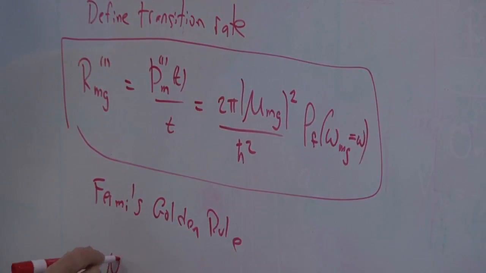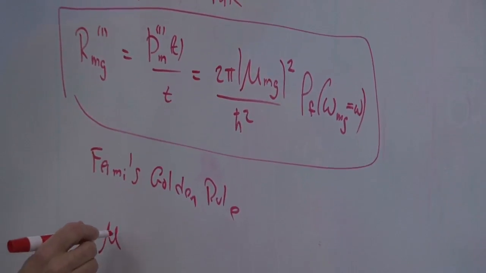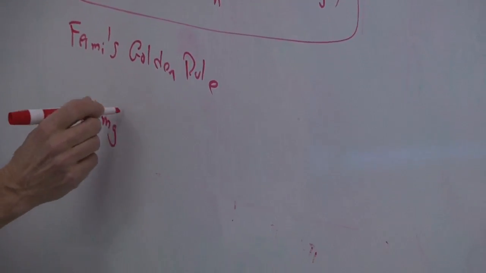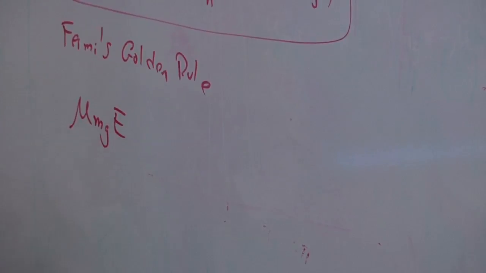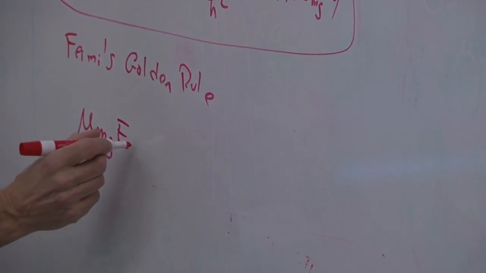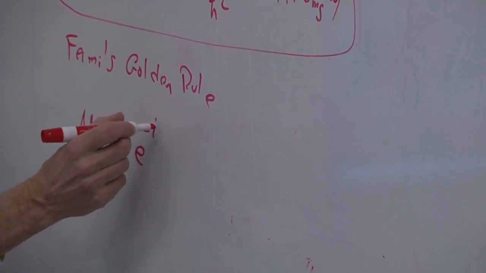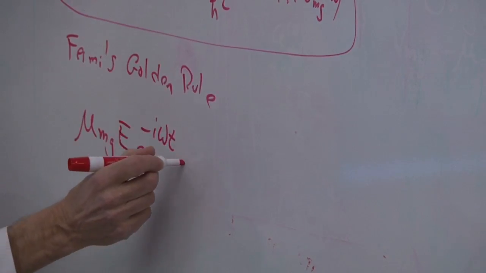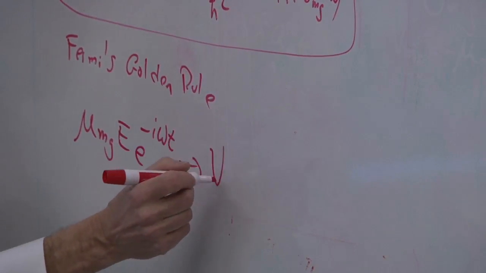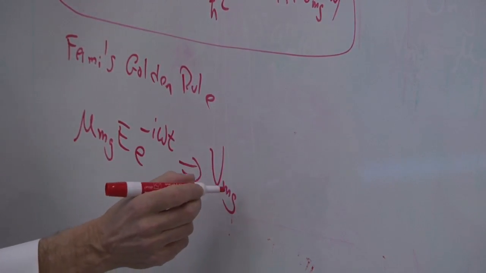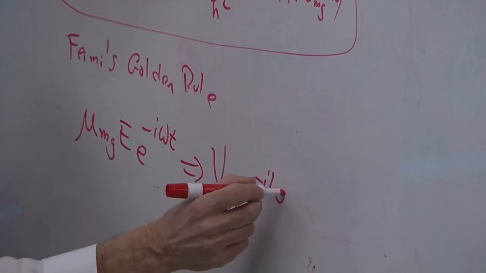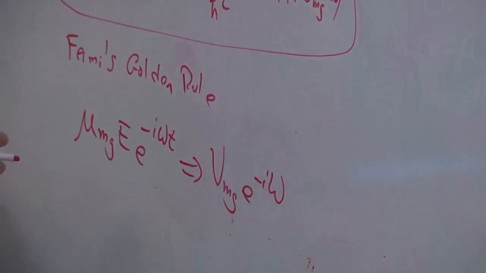I mean, you can write what we called mu mg times e to the minus i omega t, you could just call that V mg e to the minus i omega t.